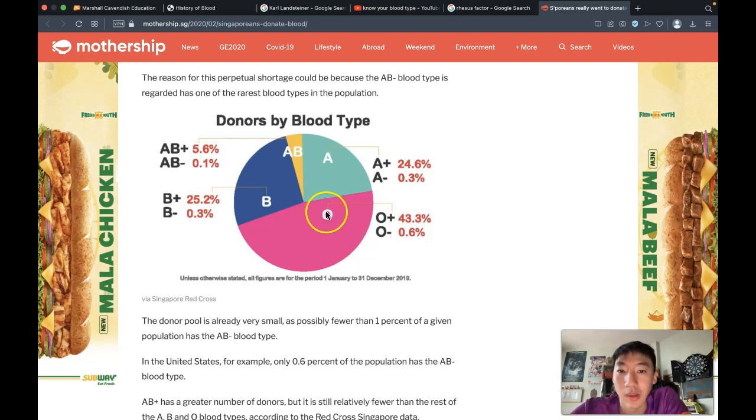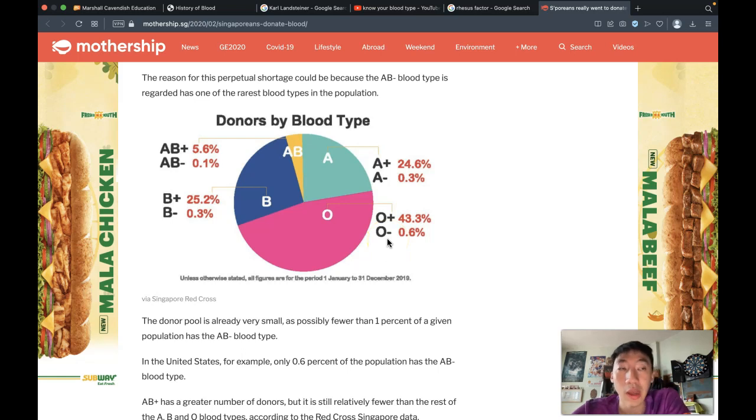Then we have A blood type, and then maybe B is a little bit more. B plus is at 25%, and then A plus is at 24%, and the AB is the rarest. AB is 5.6%, and you can see that for people without the RH factor, it's actually very few, right? It's like 0 point something percent. So this group of people are quite rare.